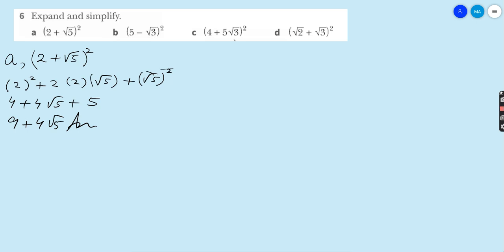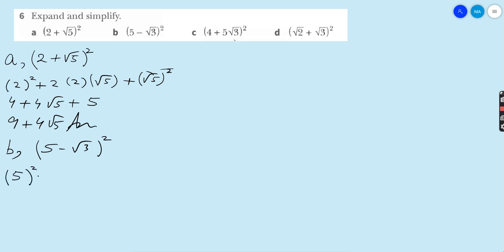Come to part B. Very easy questions. 5 minus root 3 whole square. In this question, apply the a minus b whole square formula.